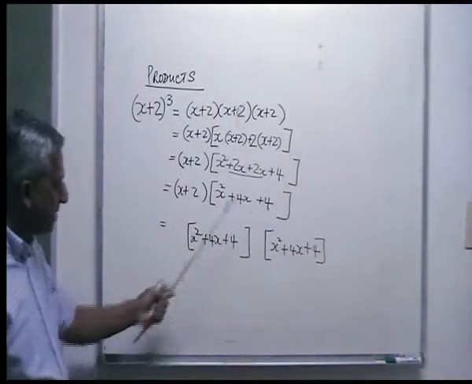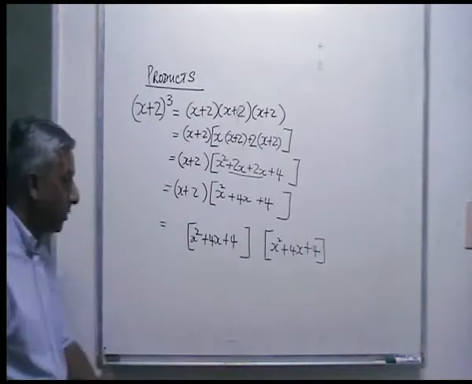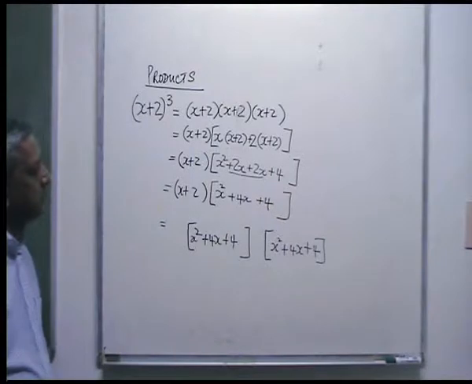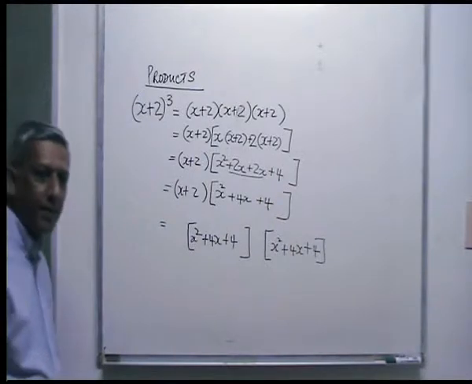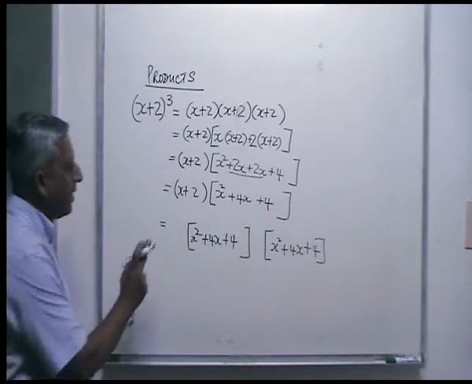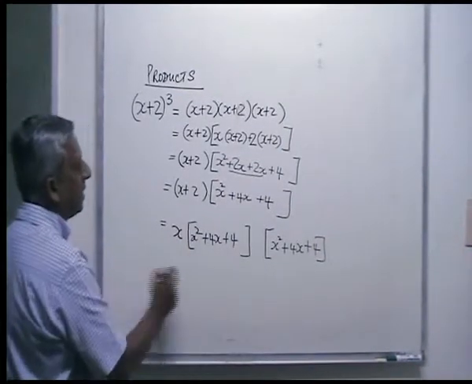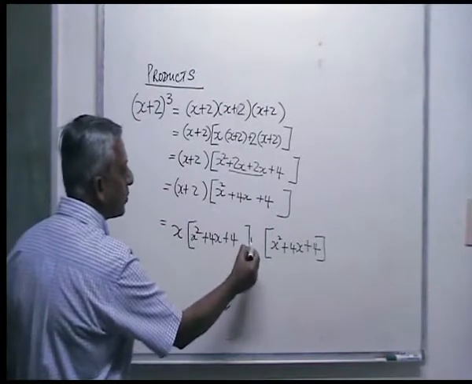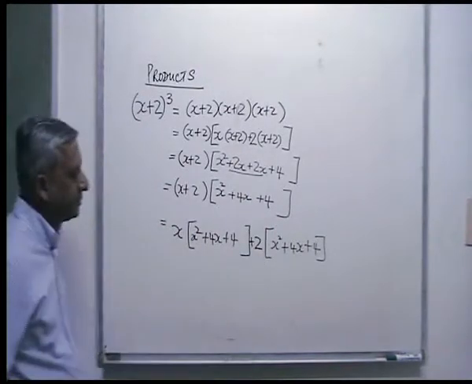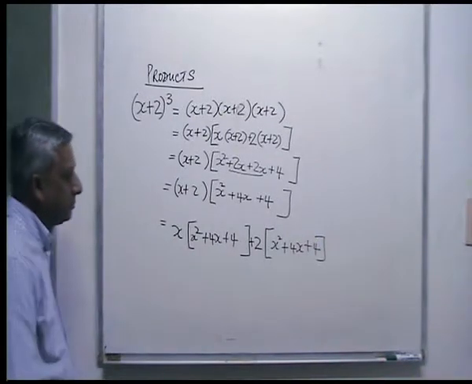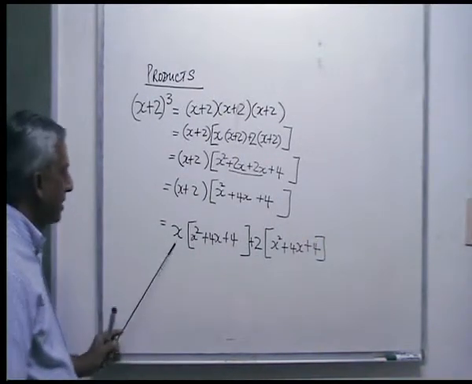We wrote that bracket 2 times. I'm waiting for you to finish these 2 steps. Okay. All right. So you finished. Very good. Now you write the x in the front here, and you write the plus 2 in the back there. Right. Now, good. You finished that.